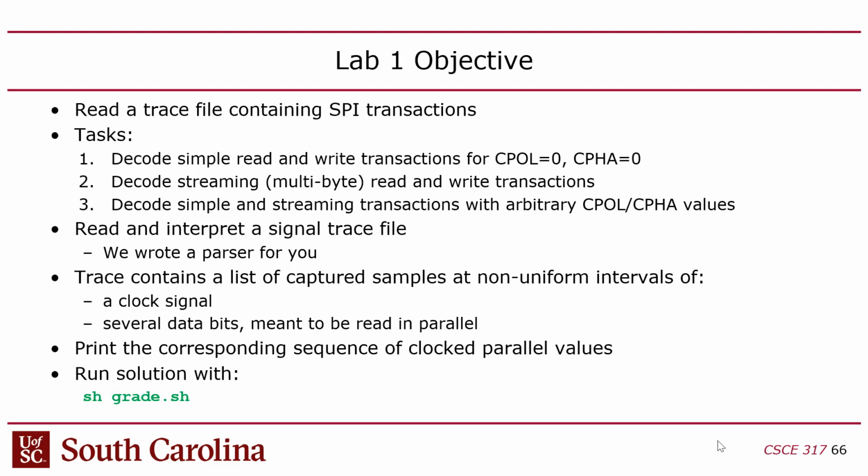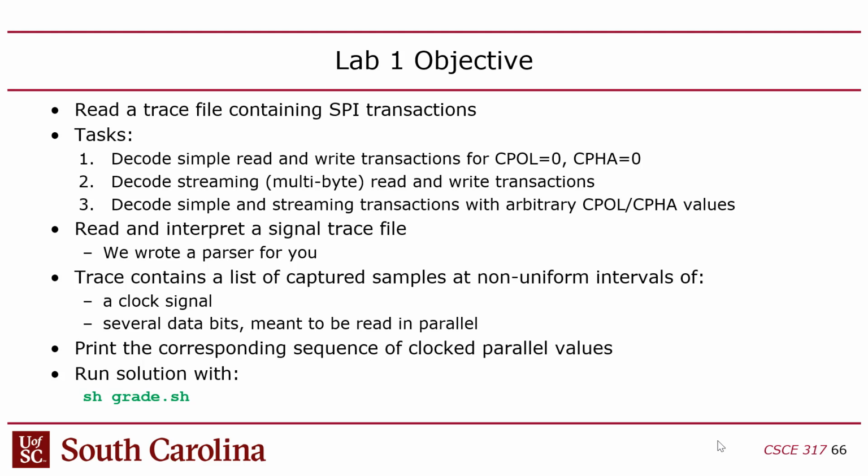In the first part, you're just going to decode simple read and write transactions for CPOL 0 and CPHA 0. Part 2 is to decode streaming transactions. And then part 3 is to allow different CPOL and CPHA values. Does that make sense?